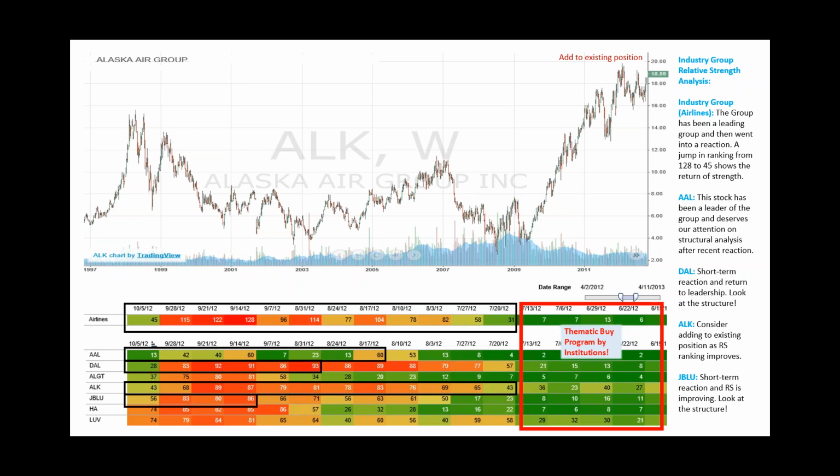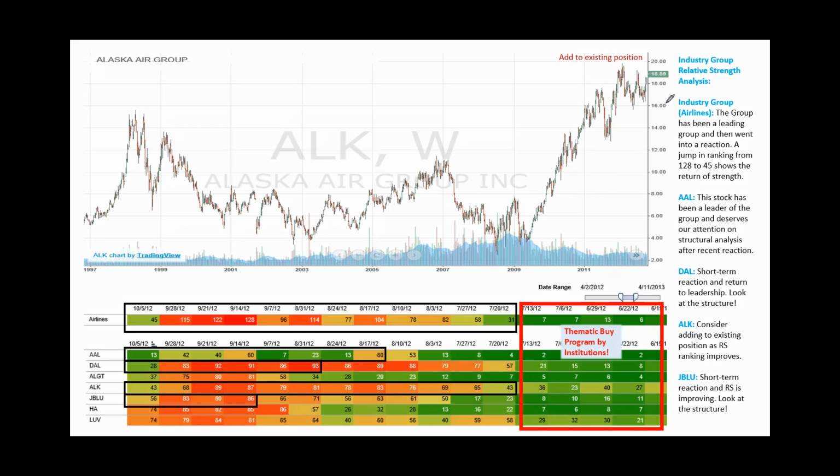And in some instances, when we have had a leader like Alaska Airlines, especially on this move to the upside, this was a plus 150% return on this move, actually more. The leadership can change in the industry group.